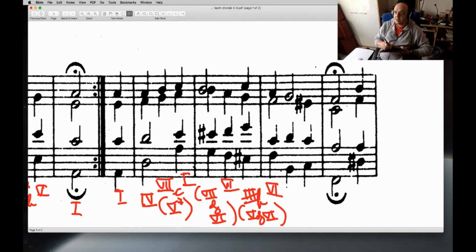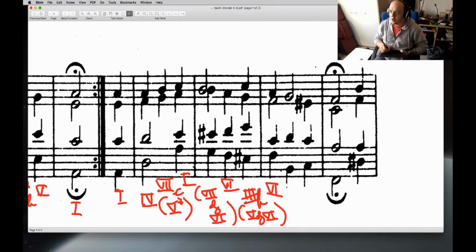Now notice how that dissonance, which was here, practically resolves here. That's the B dissonant, which has been held against the chord 6, F sharp minor, and it resolves on the F sharp minor chord.